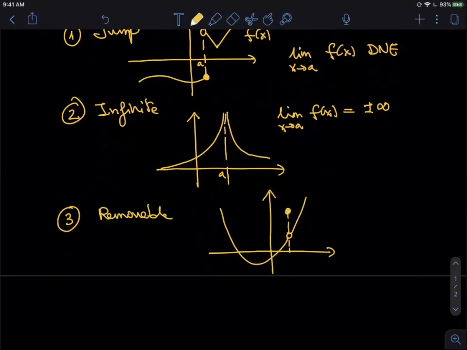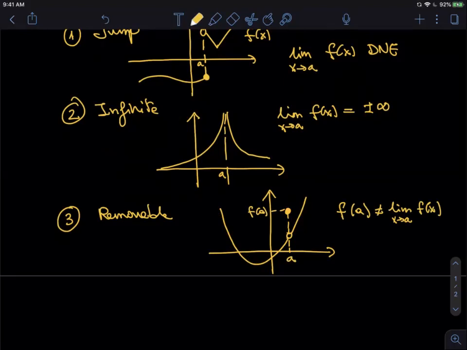What happens is that there is a misplaced point in the graph that we follow, and suddenly there is a gap. In that gap, the function is defined as something else, and then it continues as if nothing happened. In this case, f of a exists, but it's different from the limit as x tends to a of f of x. The limit of f of x also exists.